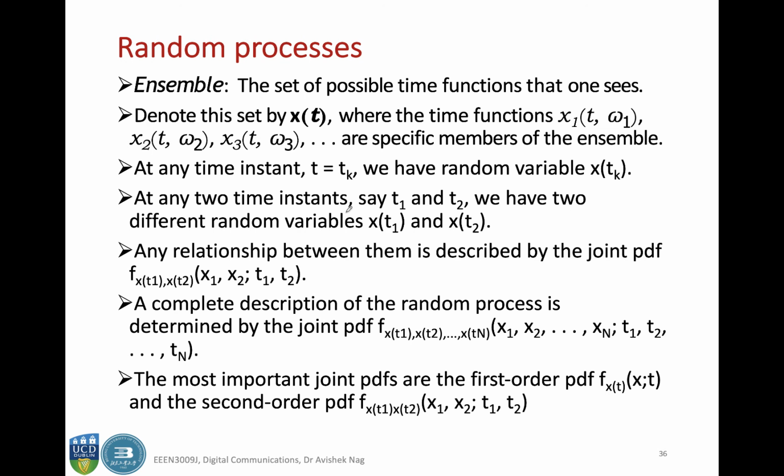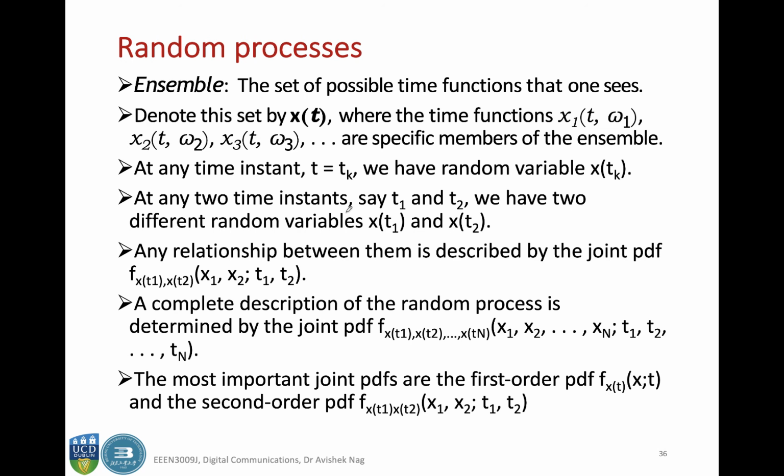The entire set of all possible time functions is called an ensemble. You can denote this set by x(t), where the time functions x1(t, omega 1), x2(t, omega 2), x3(t, omega 3) are specific members of the ensemble. If you take a snapshot at any time instant t equal to t_k, you have a random variable x(t_k).